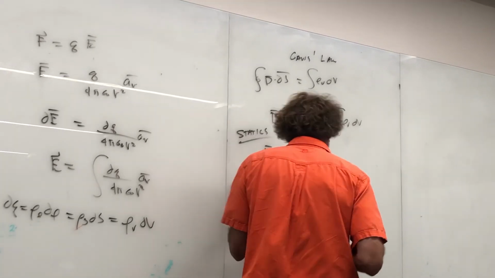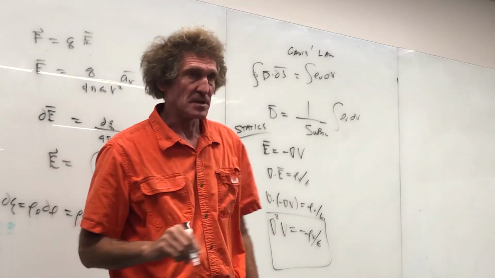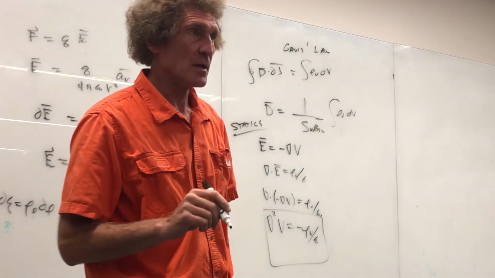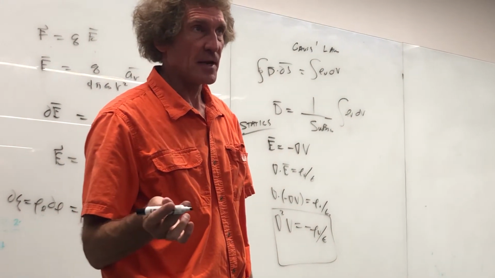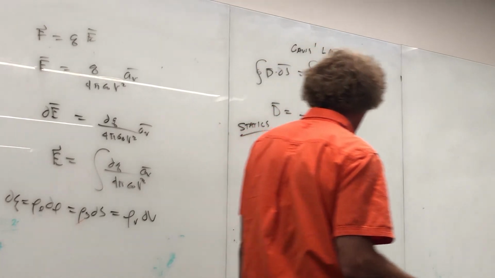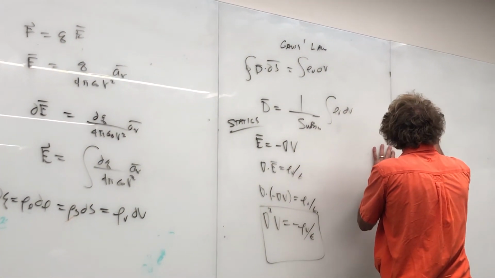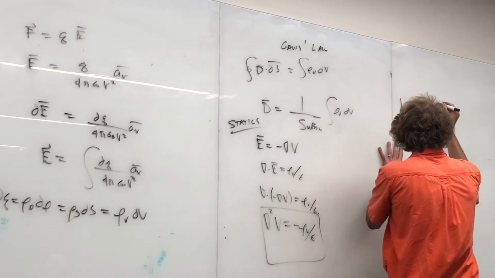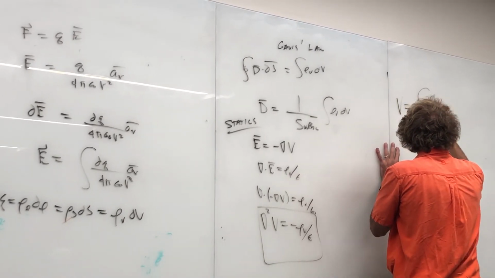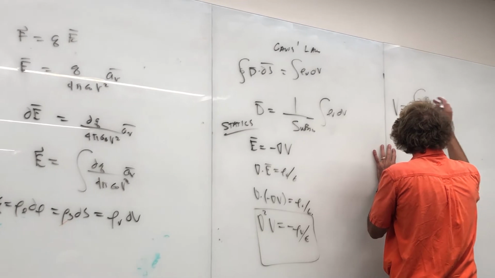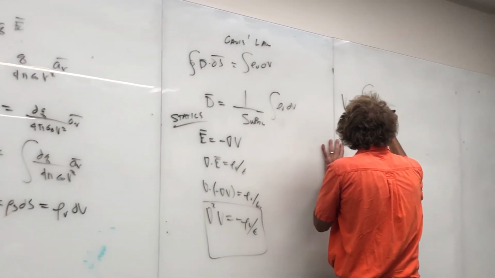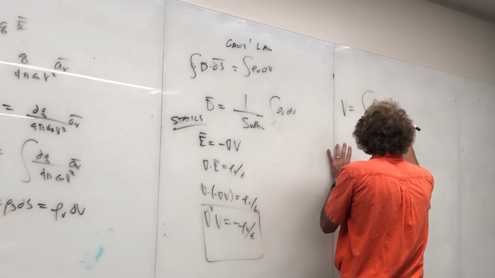And that is Poisson's equation. That's in the differential form, right? And you have to be able to handle that and know how to use it. And then you can also say that the volumetric form for V would be given as the integral of rho over 4 pi epsilon naught.